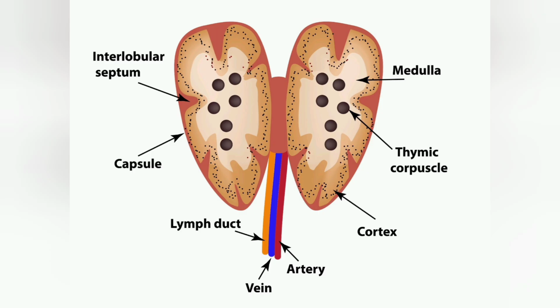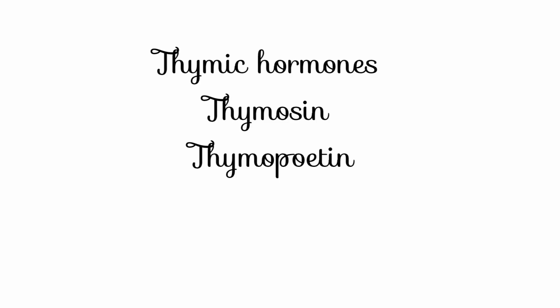Within the thymus, in the outer cortical epithelial cells, which are also called the nurse cells, the T cell progenitor cells differentiate into the T cell subpopulations, and this differentiation is mediated or influenced by the thymic hormones, and these hormones include thymosin and thymopoietin.